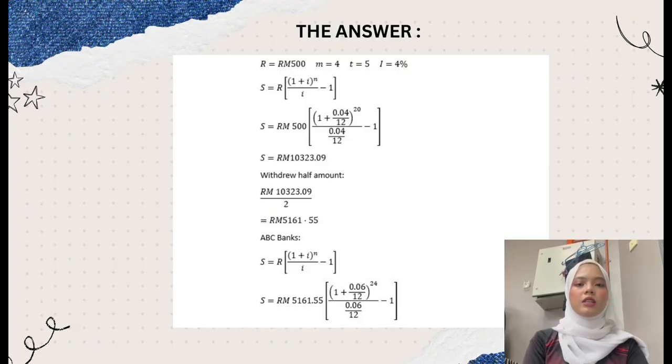Therefore, the amount withdrawn is RM5,161.55. This withdrawn amount is then invested in ABC Bank. Using the same annuity formula, we substitute R as RM5,161.55 with an annual interest rate of 6% compounded monthly for 24 months. This allows us to calculate the future value of the investment in ABC Bank.